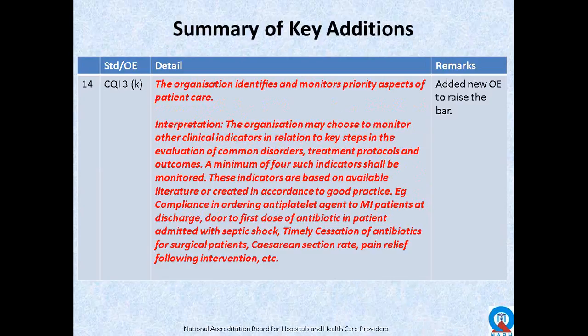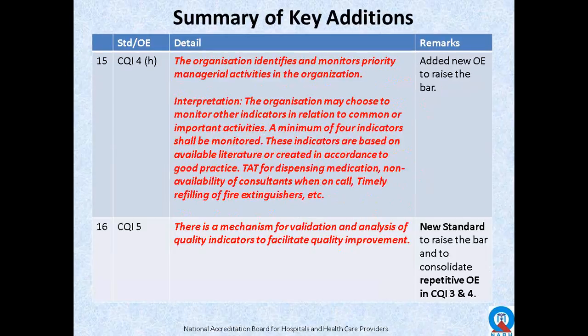Examples: compliance with order of antiplatelet agent in MI patients at discharge, first dose of antibiotic in a patient admitted with septic shock, timely cessation of antibiotics for surgical patients, cesarean section rate, pain relief following intervention, etc. So you identify and monitor at least four aspects which are of priority for patient care.